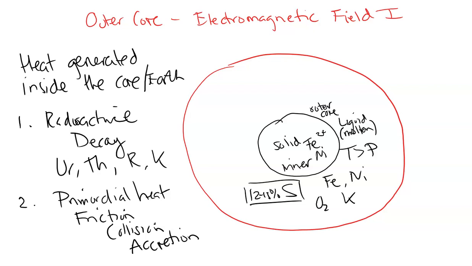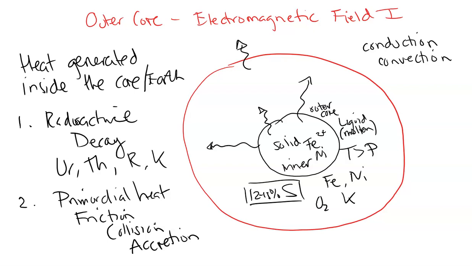So the heat that is generated comes out and flows through. We have conduction, where the outer core is touching the inner core and there is a transfer of heat energy, thermal energy, and also we have convection. These are the two main methods that heat is transported within the inner core and outer core, and out into the lower mantle, which we know is the mesosphere.